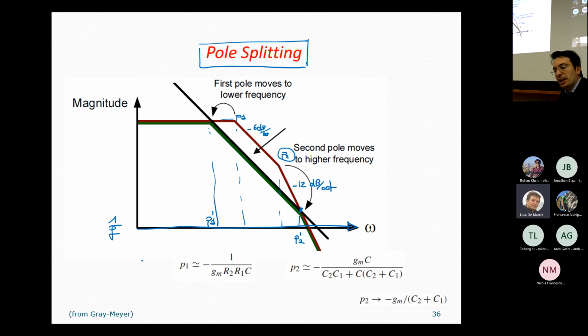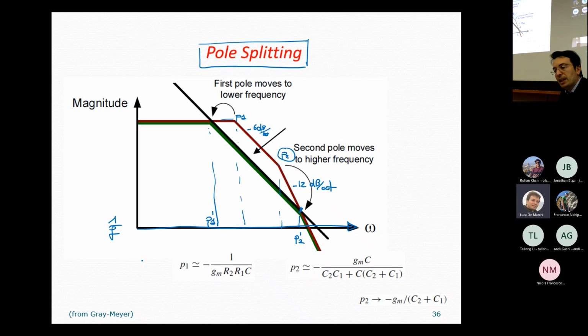Okay, so when we have this separation, what is the effect on the magnitude of our frequency response? Well, for example, if we pick the value 1 picofarad for compensation capacitance, we have this red curve.